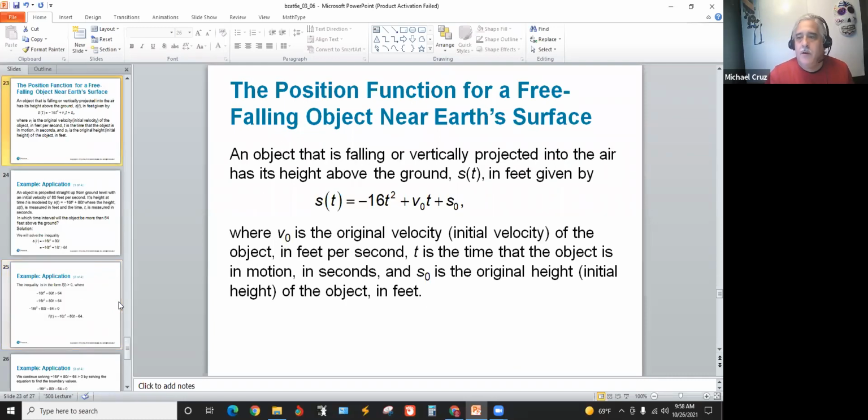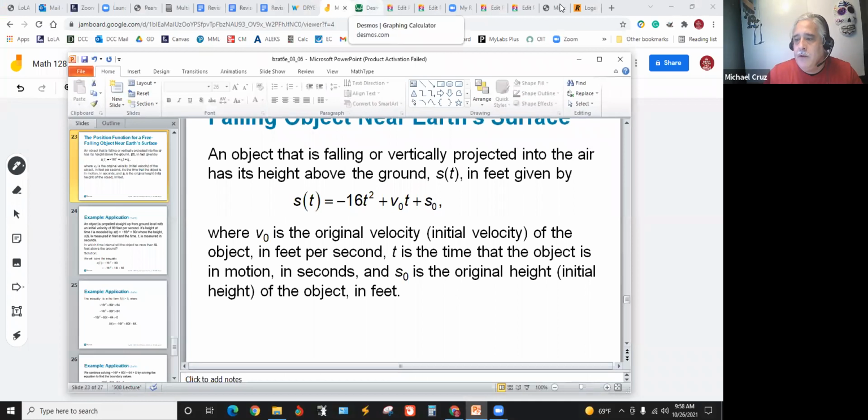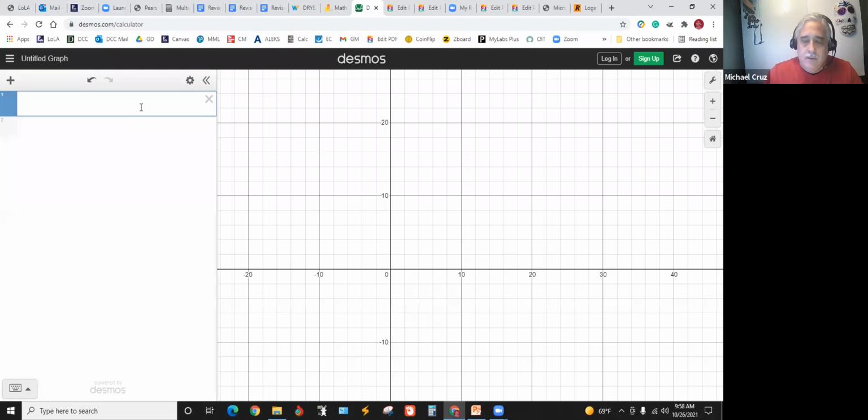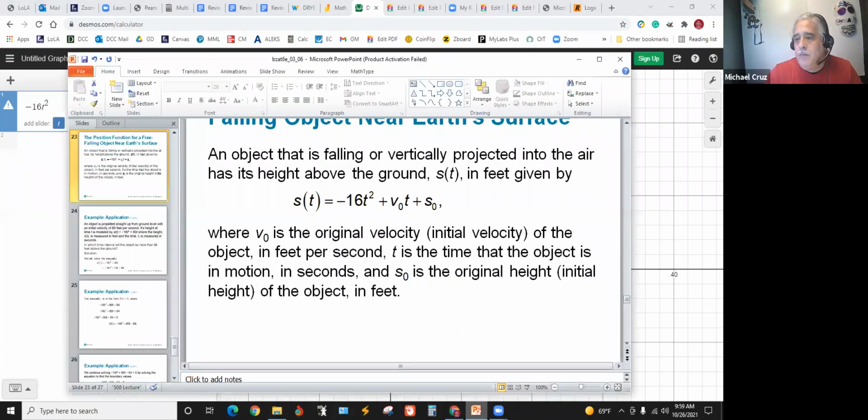All right, so this looks mean, but it's really not. This is actually just a parabola. Okay, and I'm showing you the graph in order to try to take some of the mystery out of it. Hold on a second.